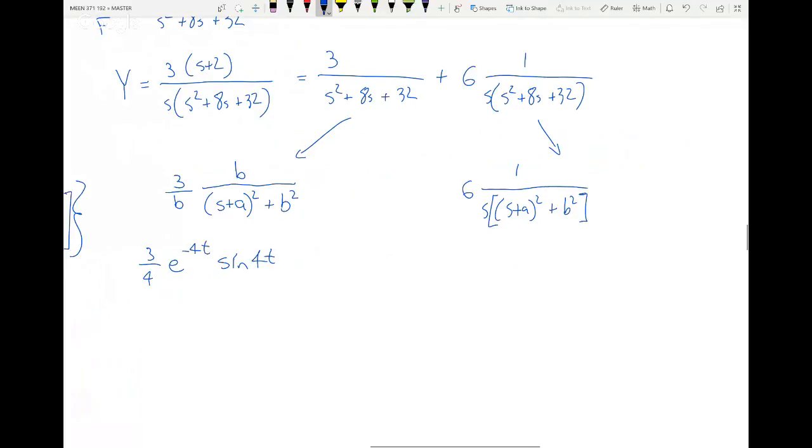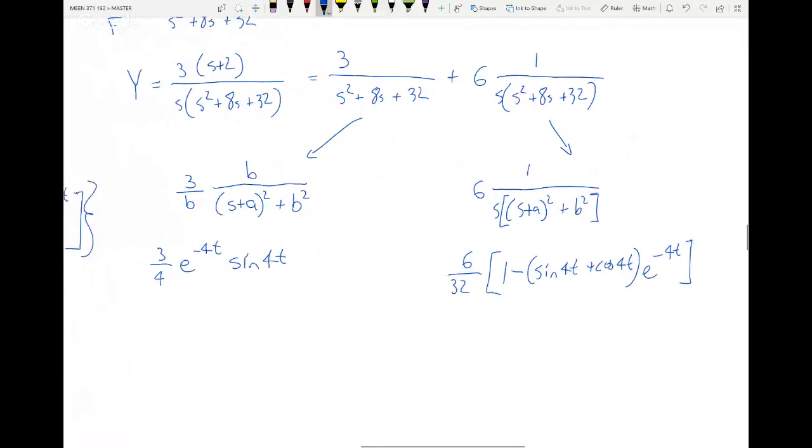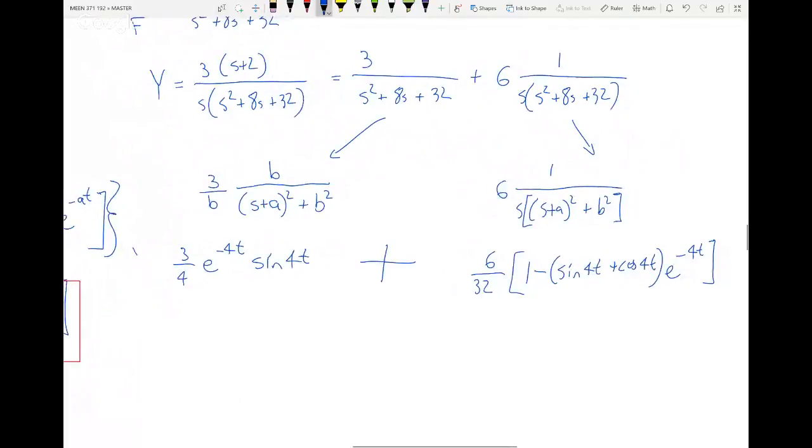Notice that there's going to be some decay and some oscillation, and that's what you get when you have complex roots. And this term is going to be 6 over 32 times [1 minus sine of 4t plus cosine of 4t] e to the negative 4t. And so y is actually going to be the sum of these.